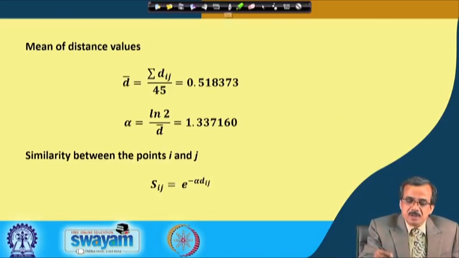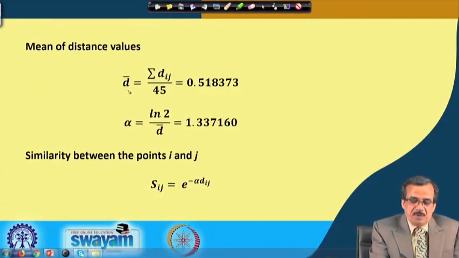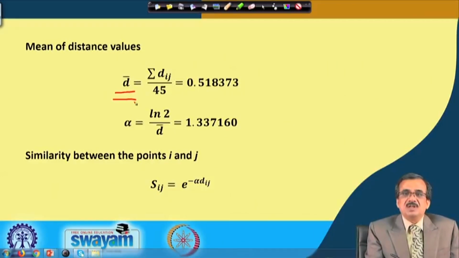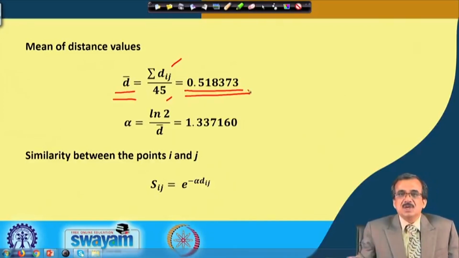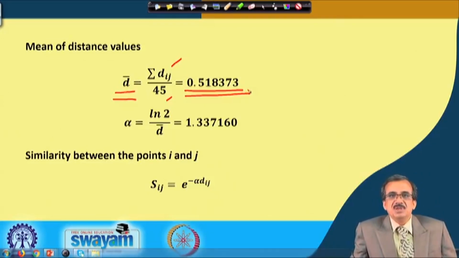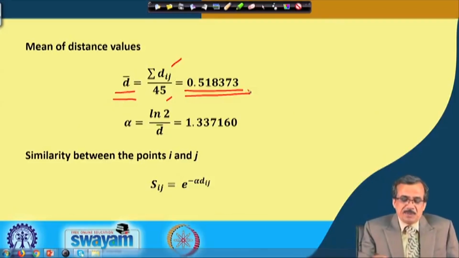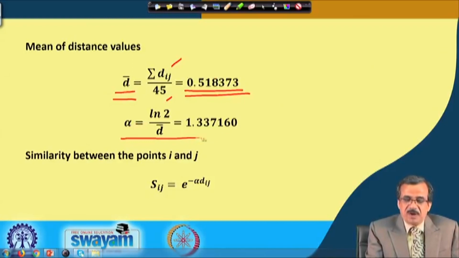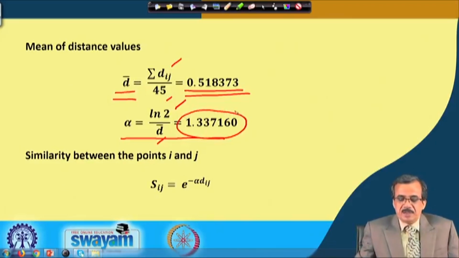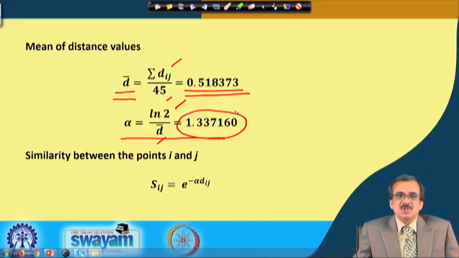that is the mean distance, d bar. Once you have got this d bar, that is summation d_ij divided by 45, it is something like 0.518373. And once you have got this d bar, very easily I can find out alpha. This alpha is nothing but ln 2 divided by d bar, and if I calculate for this particular data, this will become equal to 1.337160.